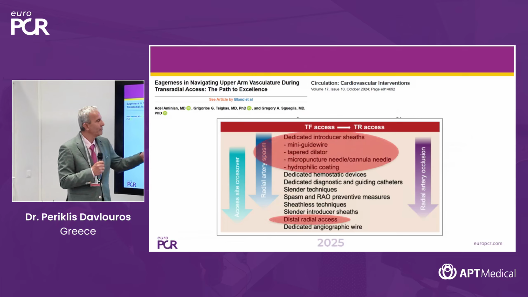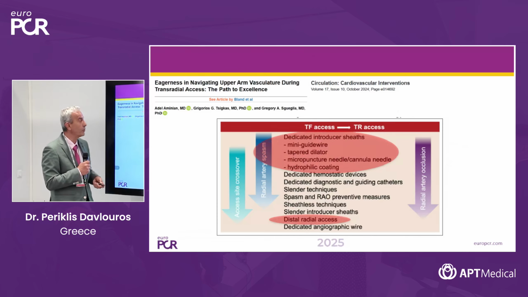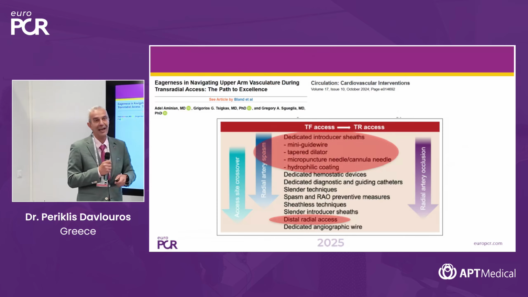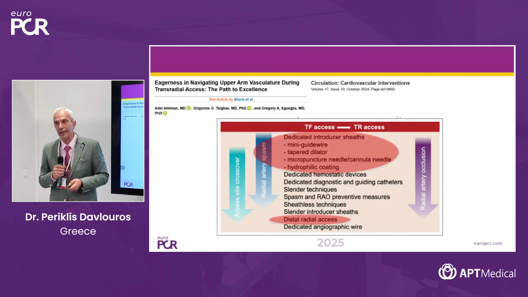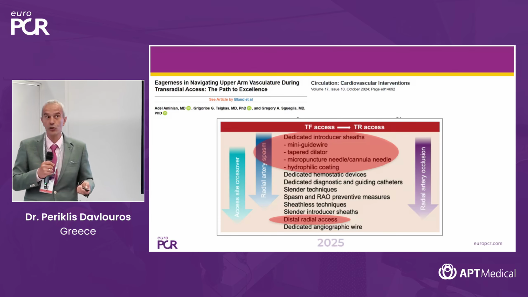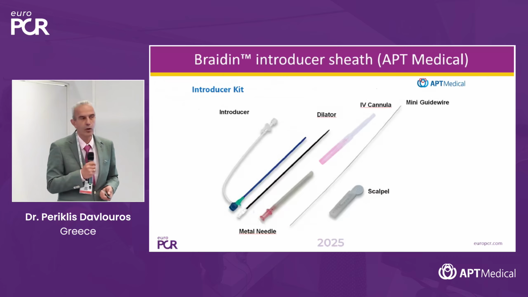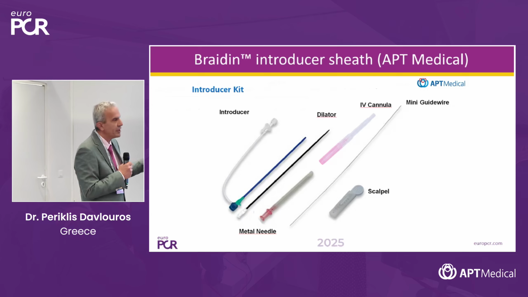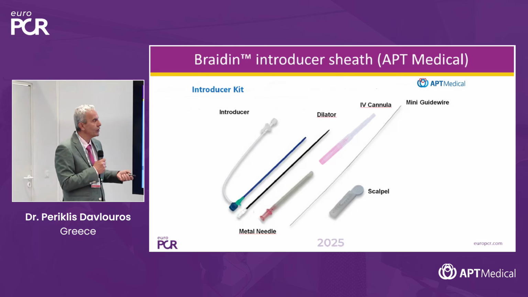As you see, the use of dedicated introducer sheaths, the mini guide wire, a tapered dilator, very important. Hydrophilic coating, at least at the tip of the sheath, and of course distal radial access are key issues for reducing radial artery thrombosis.